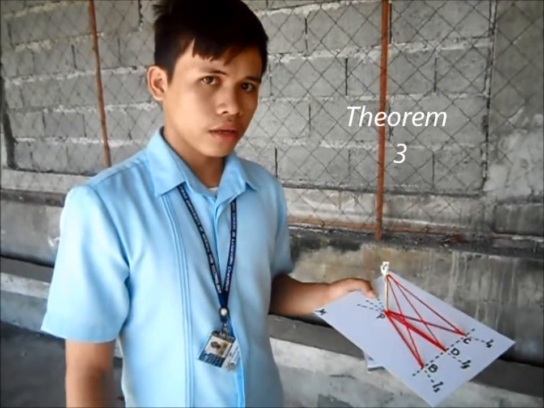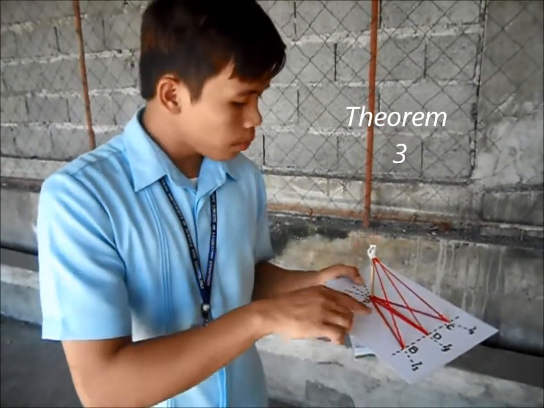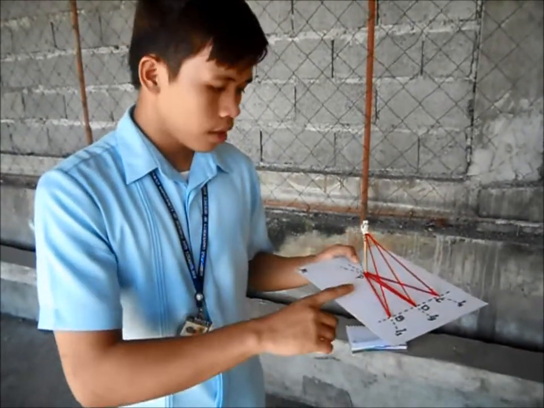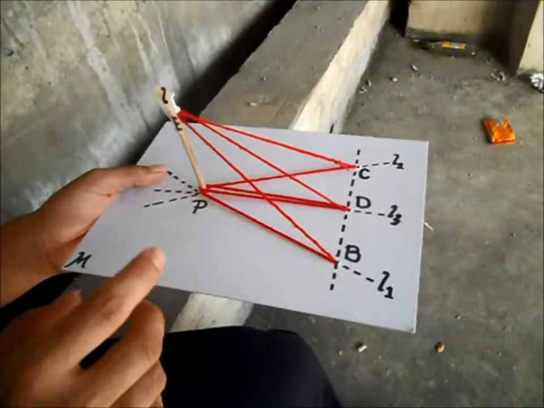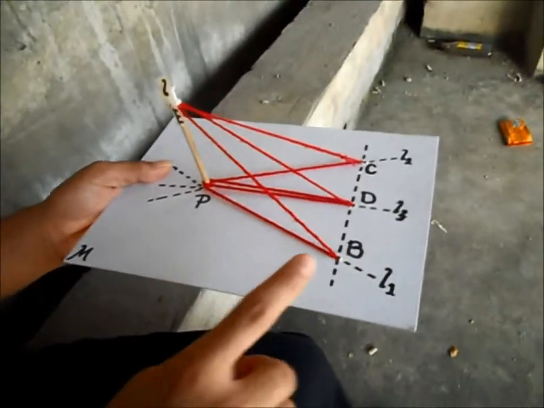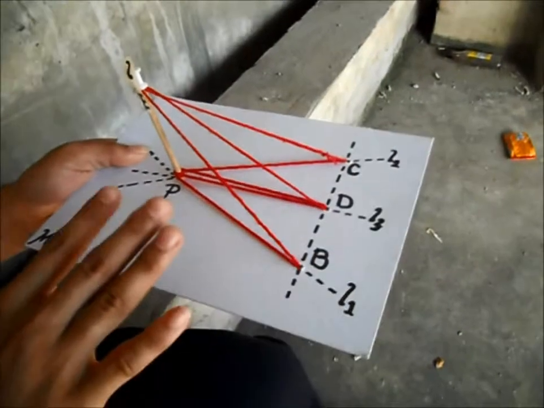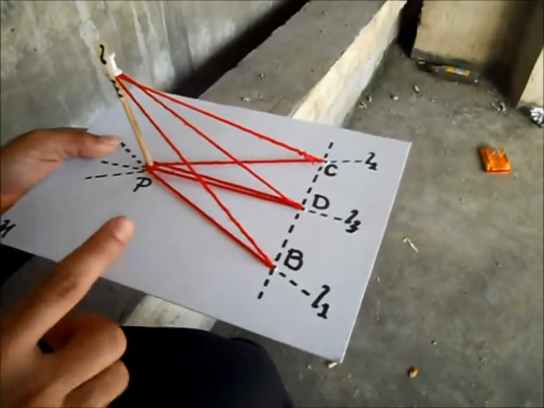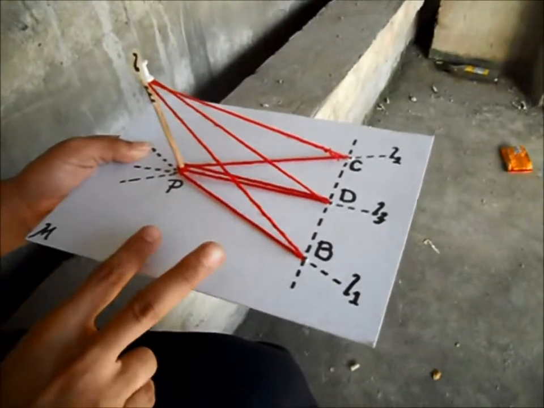Theorem number 3. If a line is perpendicular to each of two lines at their point of intersection, the line is perpendicular to the plane of these lines. To prove this theorem, we must prove first that line 1 and line 2 lie in the plane M by theorem number 2, which states that two intersecting lines determine a plane.